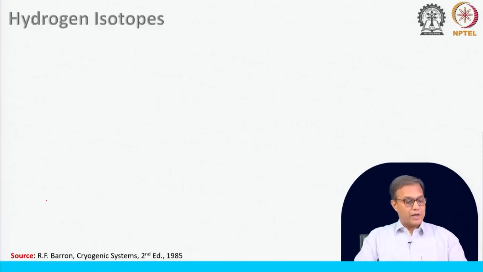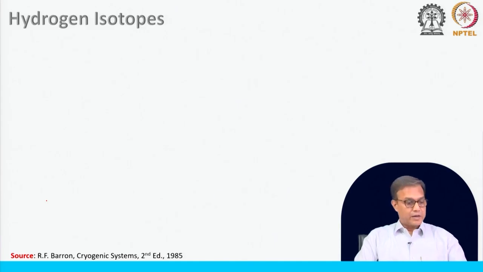In the last class we talked about the isomers of hydrogen, orthohydrogen and parahydrogen, where we have seen that those have the same atomic mass, but they are different with respect to their nuclear spins. But here these are the isotopes of hydrogen, where the atomic mass is different.